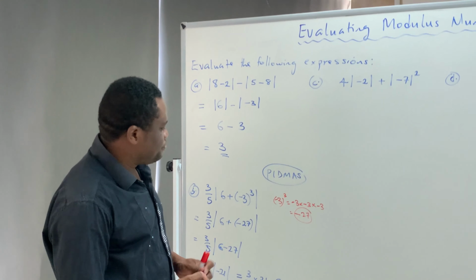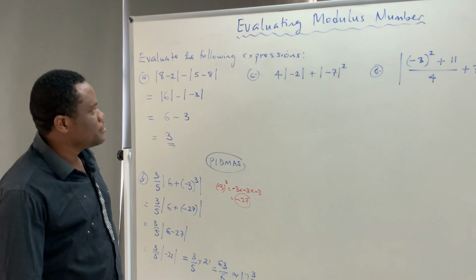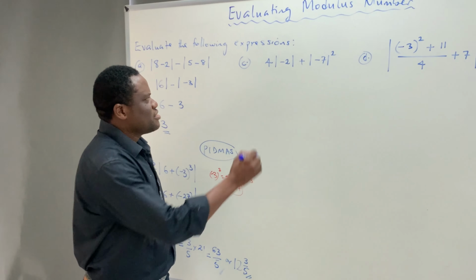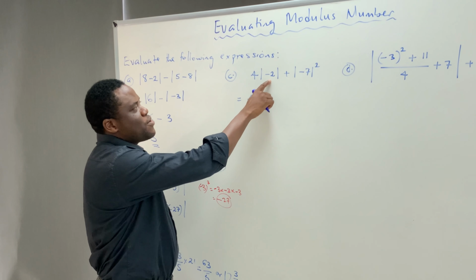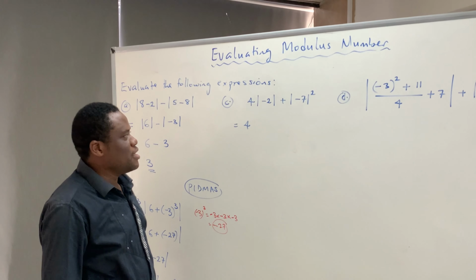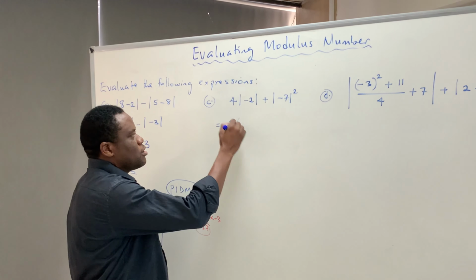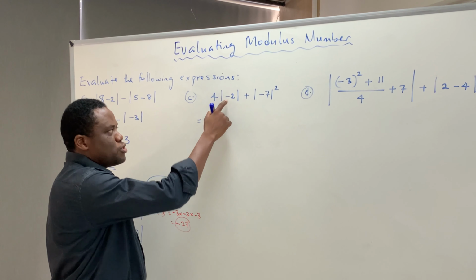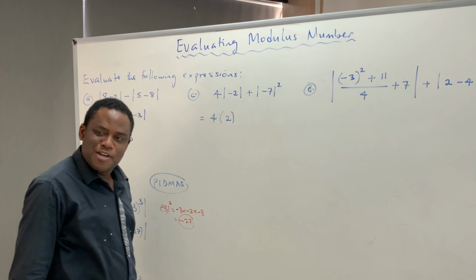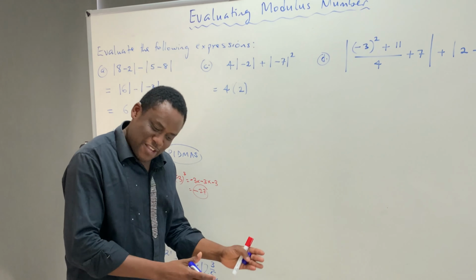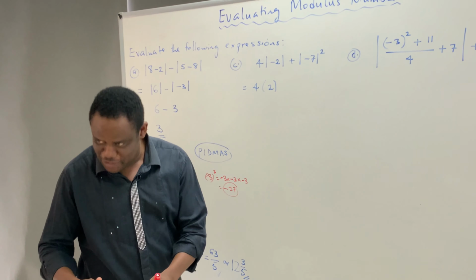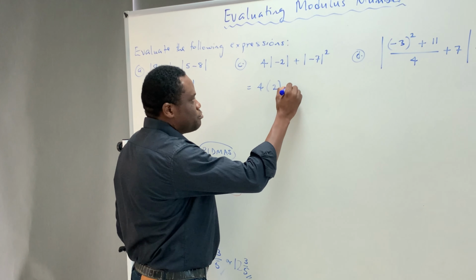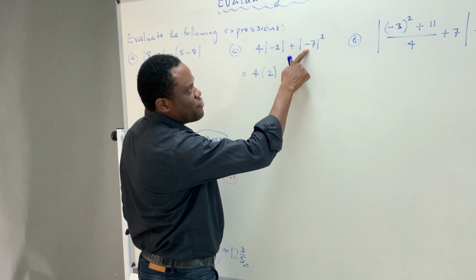Let's do another example. Look at it here. I think this is easier, right? So we have 4. Directly, we can write the modulus of this. Modulus of minus 2 is what? 2. The modulus of a negative becomes positive. The modulus of a positive remains positive. Plus, you have to be careful here. There's a power here.